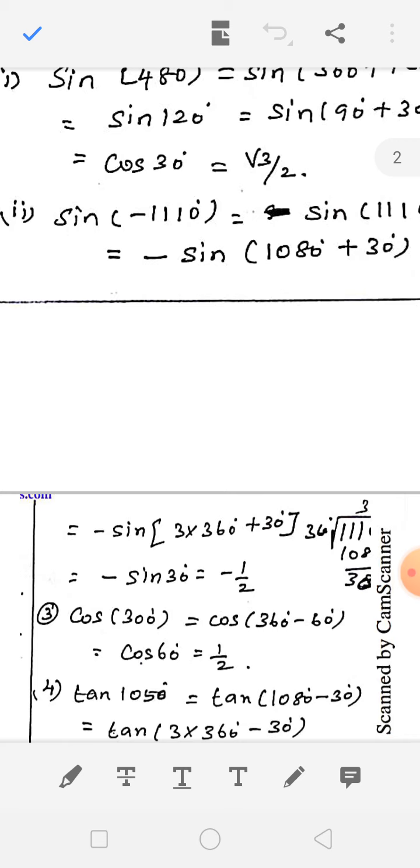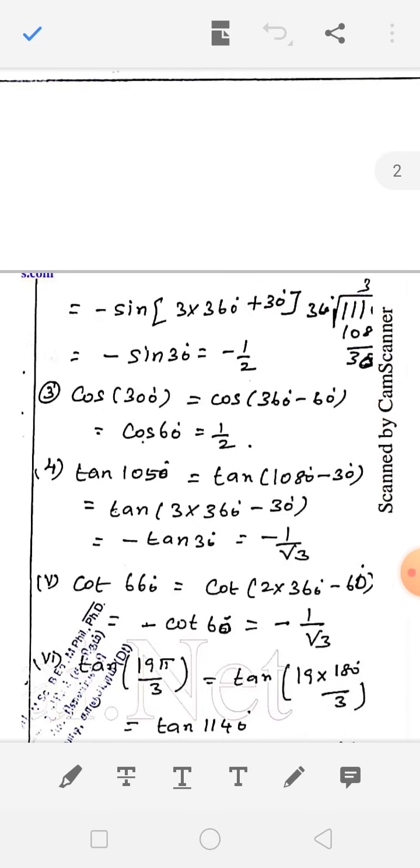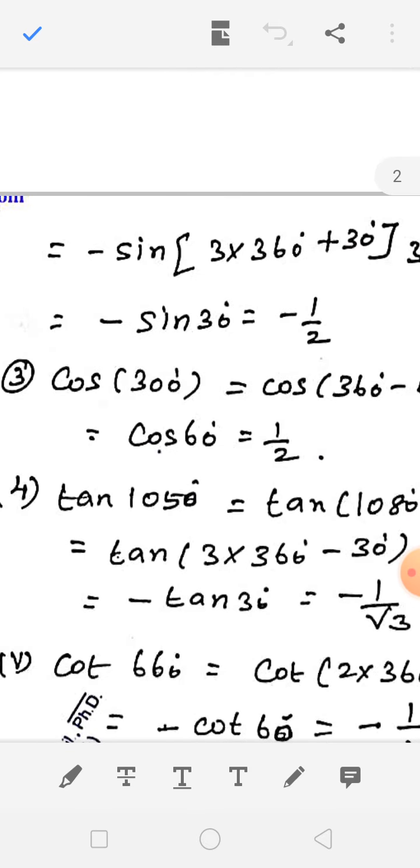So I can write minus sine theta, where theta is 30 degree here. So sine 30 degree. What is the sine 30 degree value in the trigonometric table? Sine 30 degree value is 1 by 2, and we already have the minus. So minus 1 by 2. That's it.